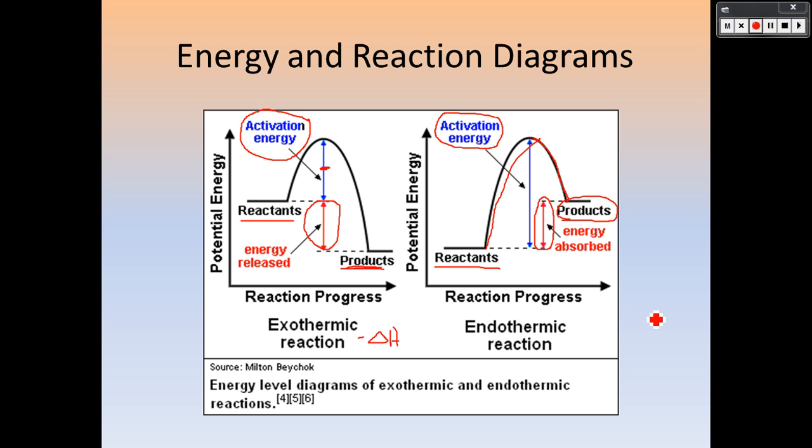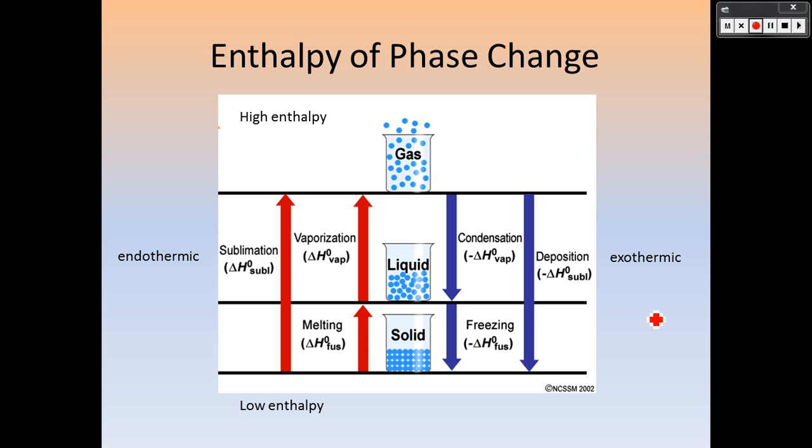Now, this is true of chemical reactions, but it can also be true of physical changes as well, such as phase changes. So here are some things we've already talked about, bringing back in vaporization and fusion, and then here, if we're condensing, it would just be negative H of vaporization, and freezing would be negative H of fusion.